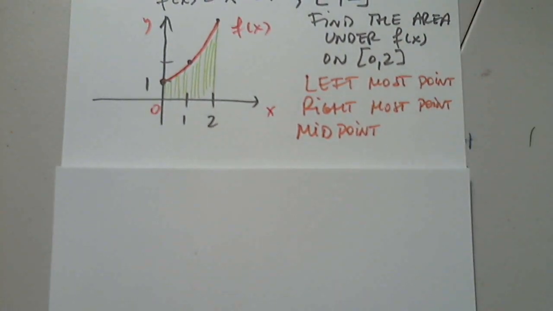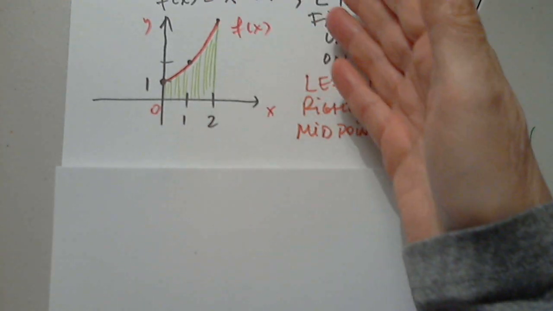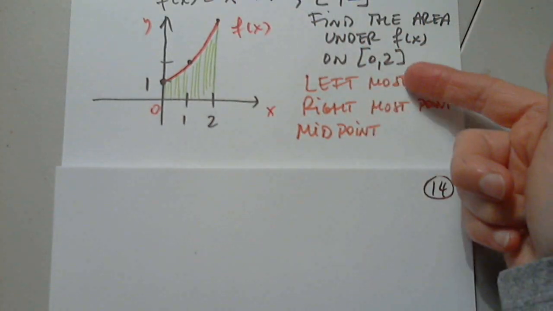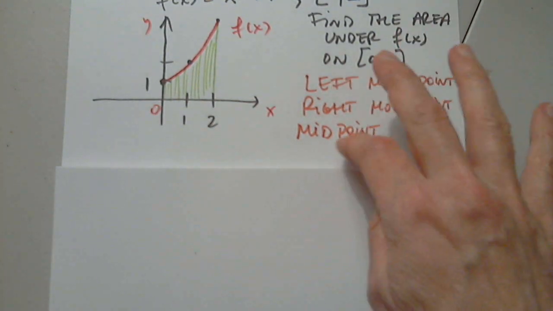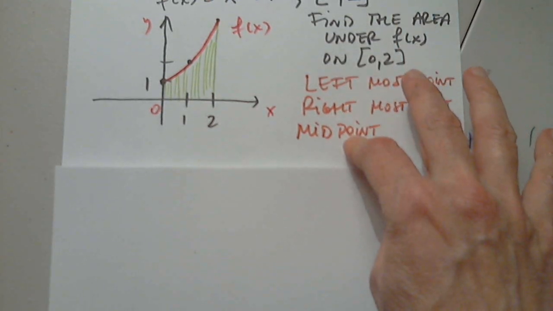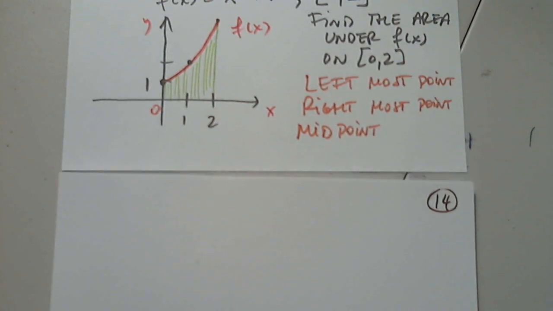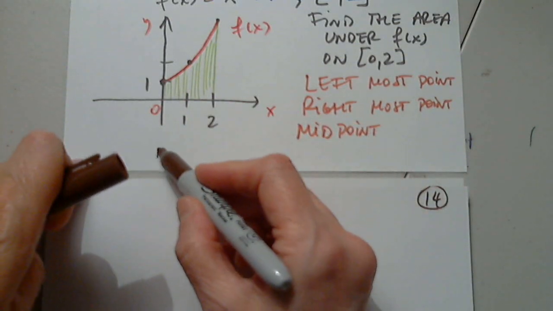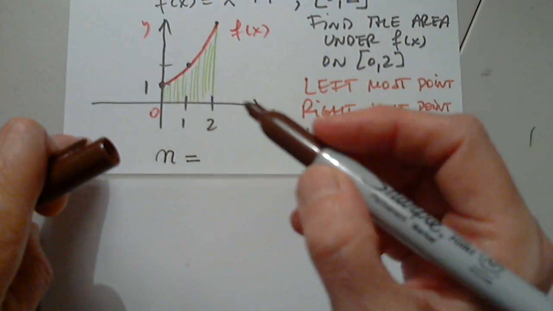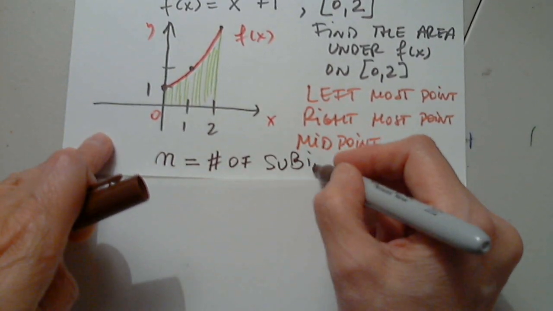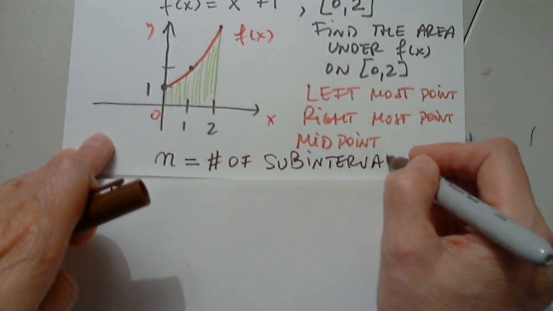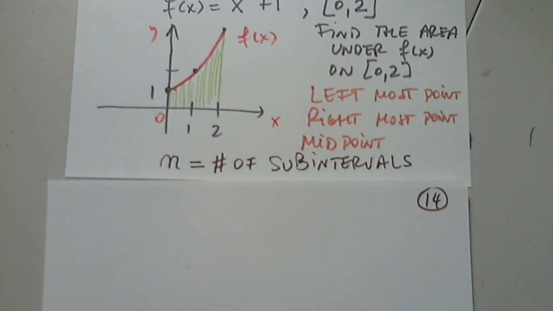So in addition to these 3 methods, I will not be able to determine the area using these 3 methods without deciding upon n, the number of subintervals.